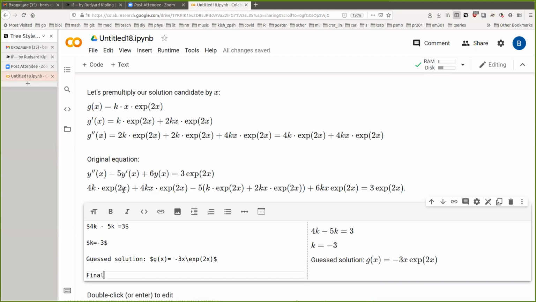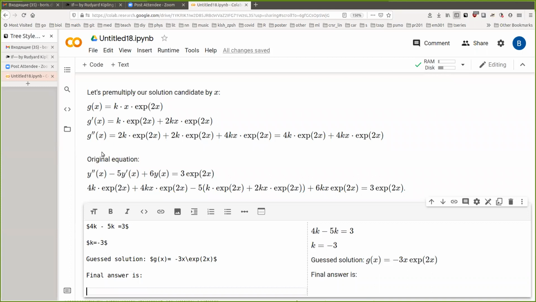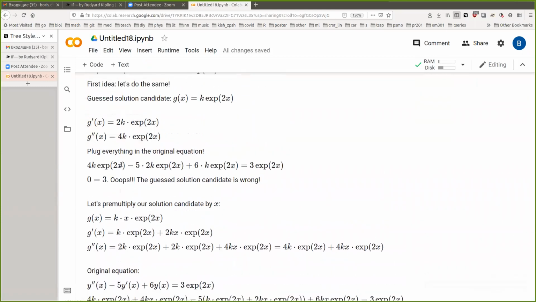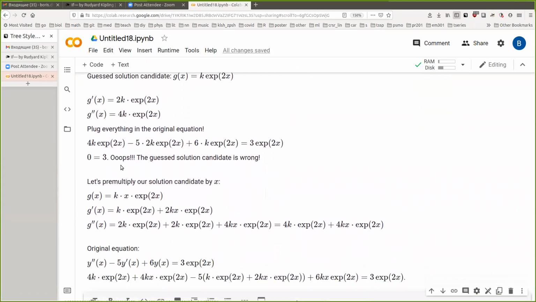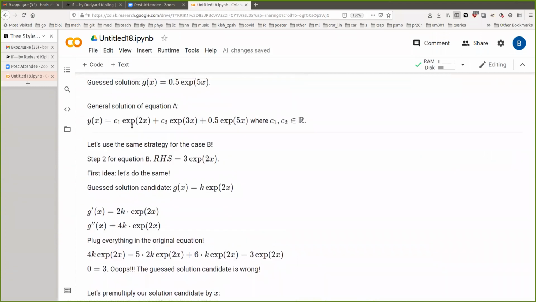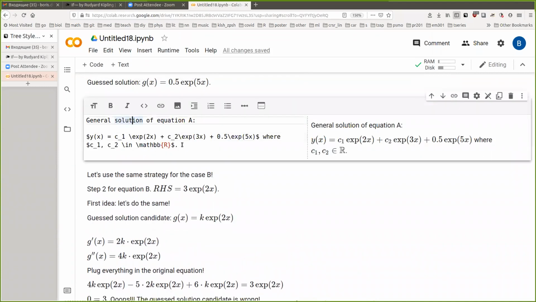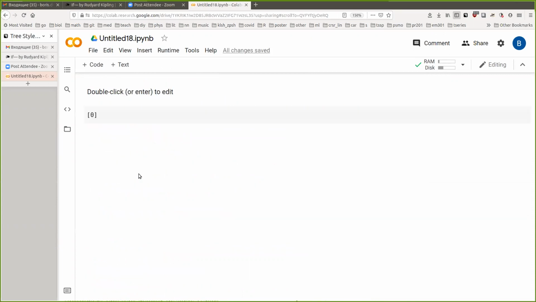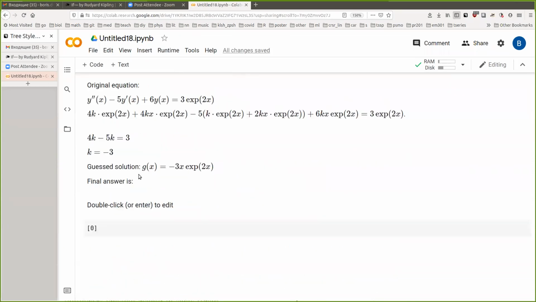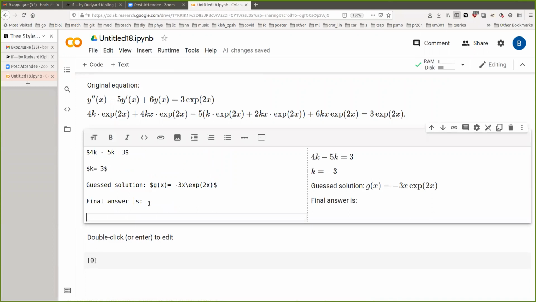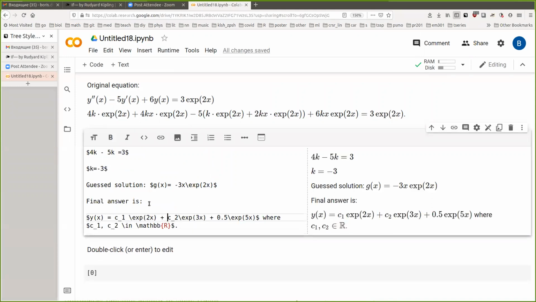And the final answer is, I need to copy my general solution of equation A, and I just take minus 3 times x times exponent 2x.